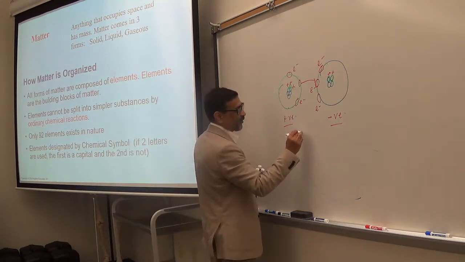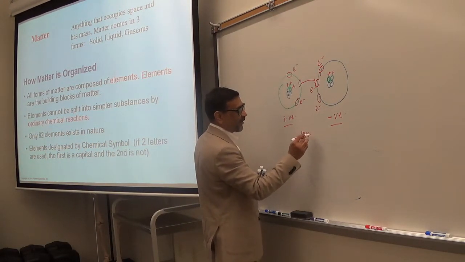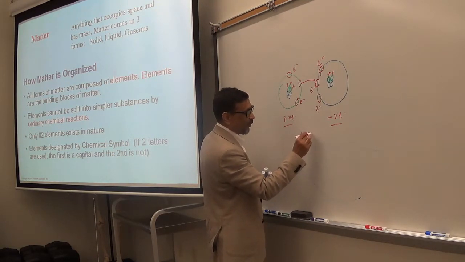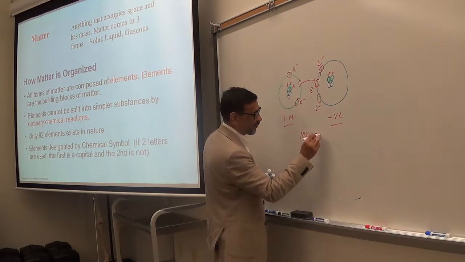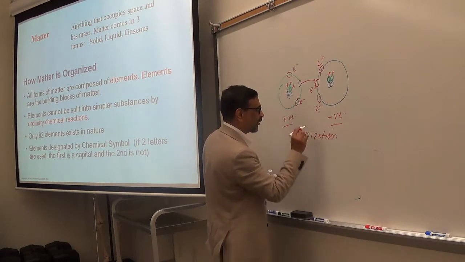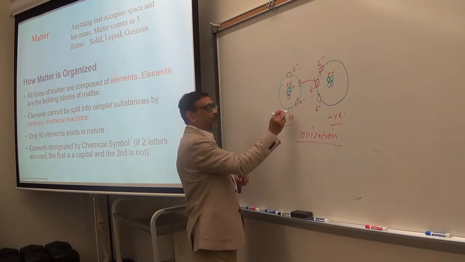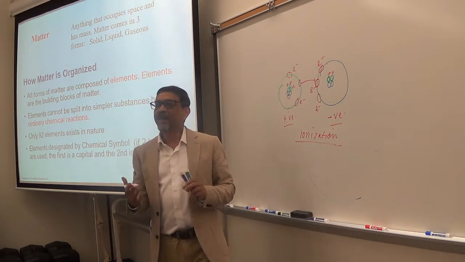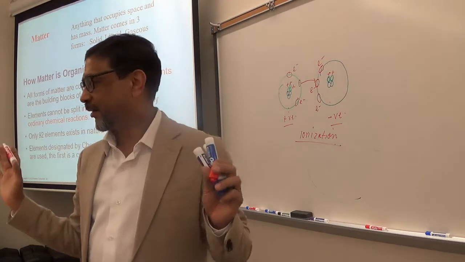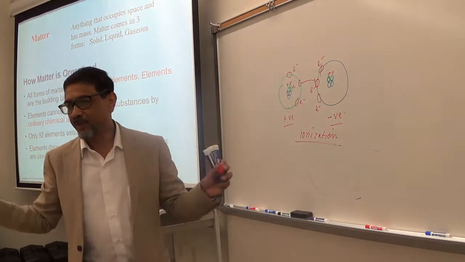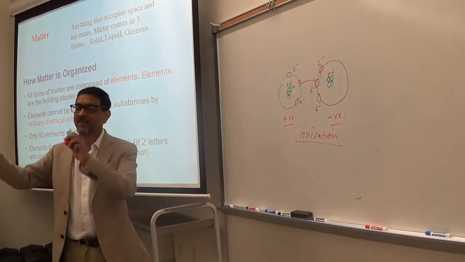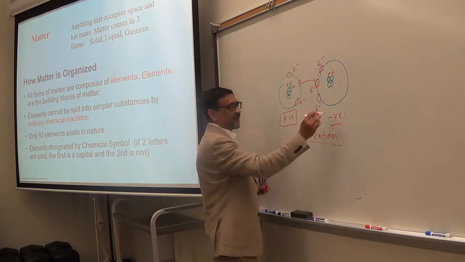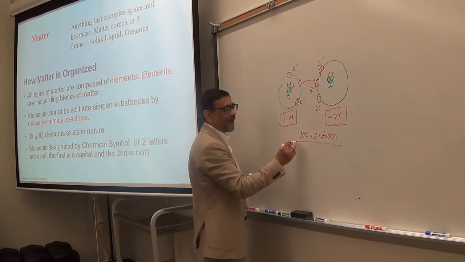Oxidation and reduction are different types of chemical reactions. So, ionization. The neutral atom becomes an ion. When the atom gets an electrical charge, it is called an ion, either positive or negative, doesn't matter. So this is a positive ion, this is a negative ion, by ionization.